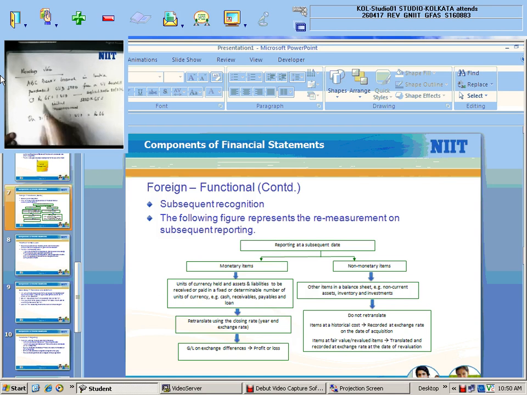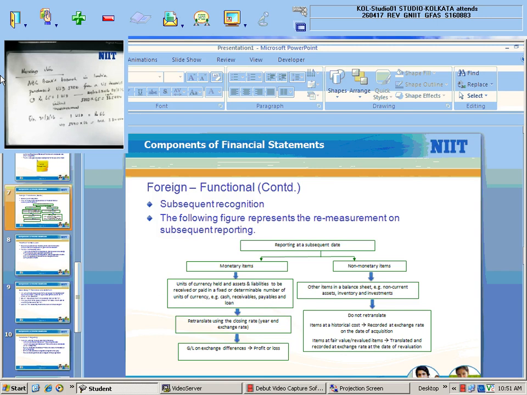The value which was earlier taken as INR 3,25,000 as initial recognition will now be 5,000 USD into 66, so INR 3,30,000. It will be shown in the balance sheet at INR 3,30,000. That is the subsequent measurement.